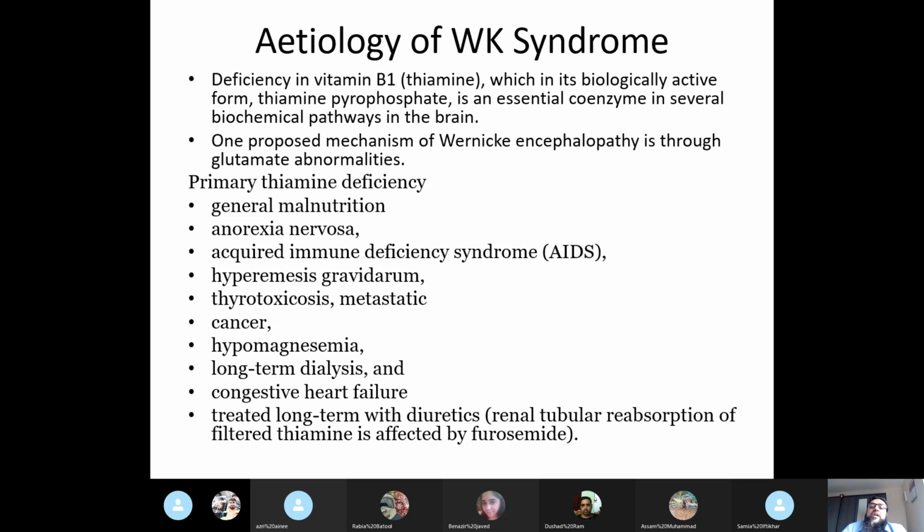Plus, it can also result in vitamin deficiencies, thyrotoxicosis, metastatic cancer, that can also cause that, hypomagnesemia, long-term dialysis, congestive cardiac failure, and treatment with diuretics. So all these can, and also bariatric surgery. The patient I saw, he was alcoholic plus he had bariatric surgery. So the thiamine is not being absorbed after the bariatric surgery.